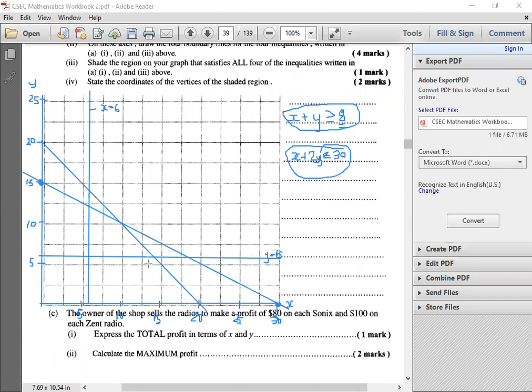Yes, sir. Okay. Now, the next step is to identify the area that is bounded by the 4 lines in this case. You're given 4 inequalities, 4 lines. If you are given 3 inequalities, 3 lines.